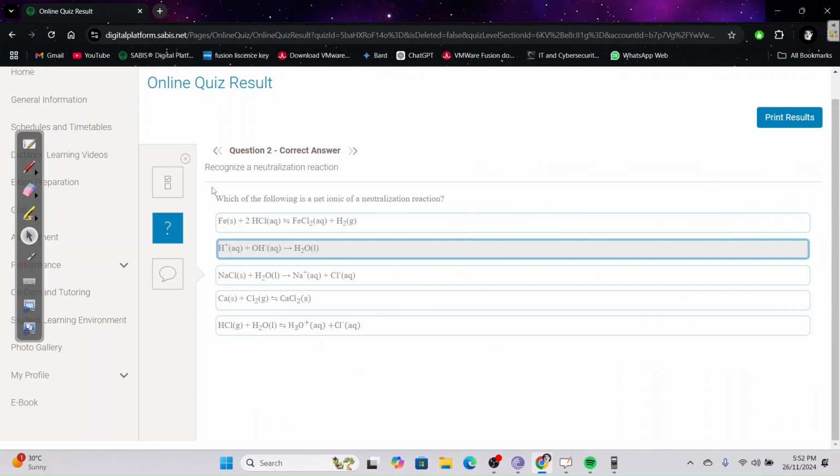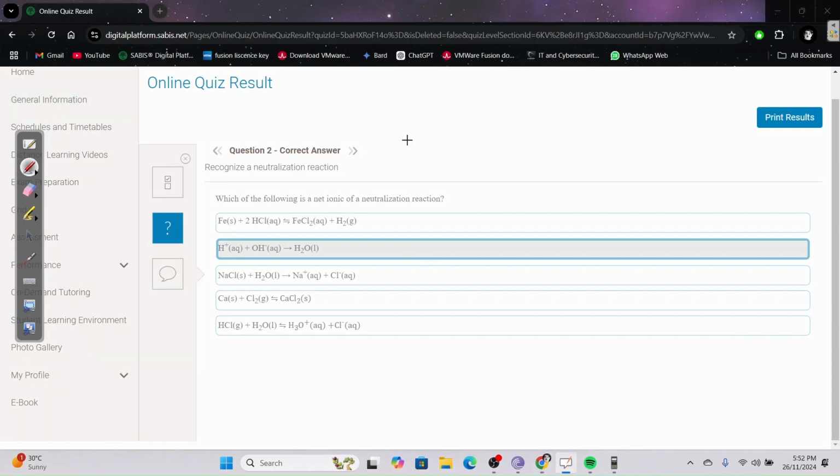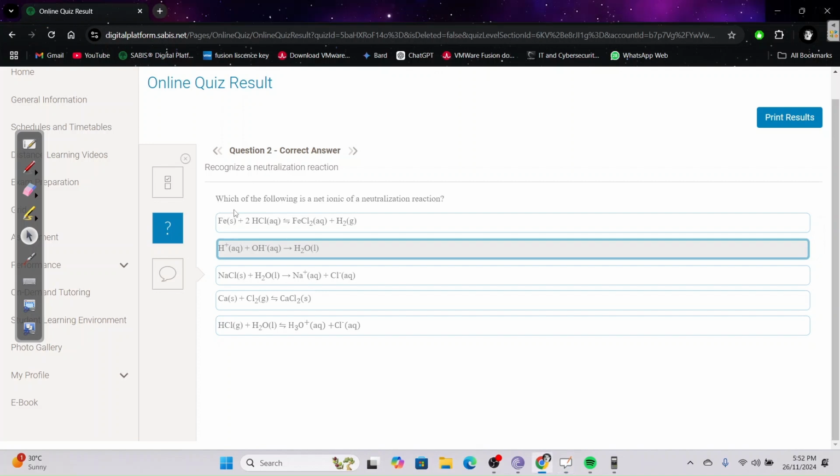Which of the following is not an ionic neutralization reaction? Neutralization reactions are between an acid and a base, any acid and base, to produce a salt, or not necessarily a salt, it just has to be between an acid and base. Here iron isn't an acid or base, it's an element. This is an acid, there isn't a base here, so this is wrong.